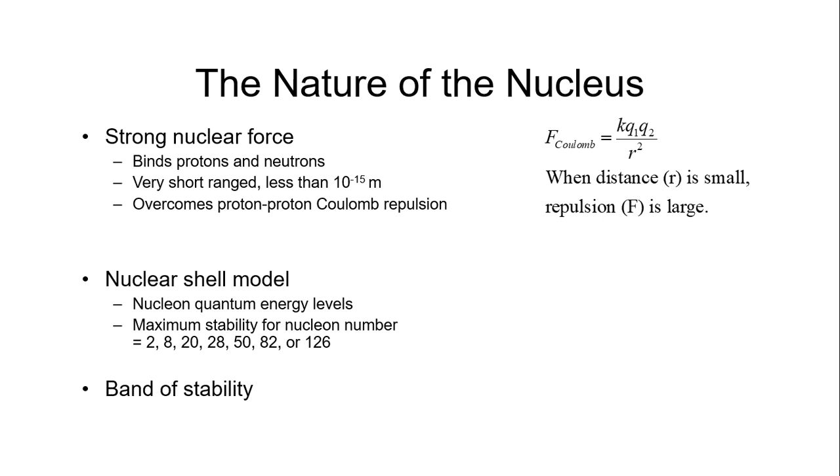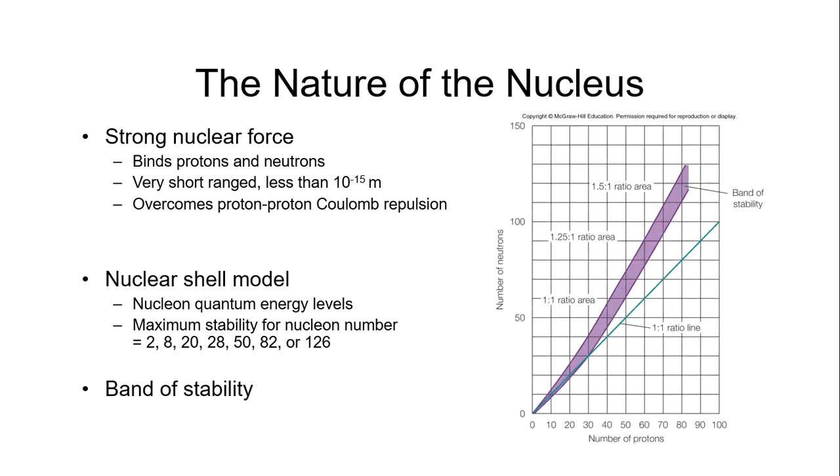You can have a stable nucleus if the total number of nucleons is one of these numbers, 2, 8, 20, 28, 50, 82, or 126. If the total number of nucleons, protons plus neutrons, equals one of those numbers, you have a very stable nucleus. However, the more protons you have, the more neutrons you're going to need.